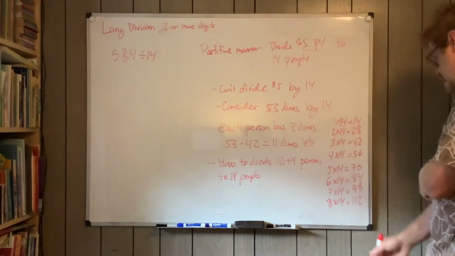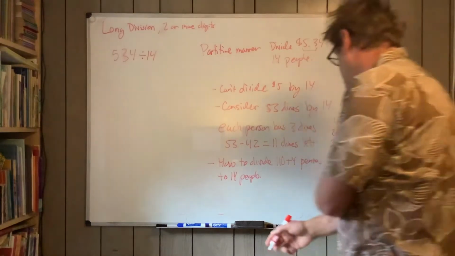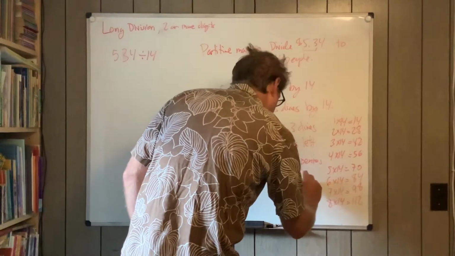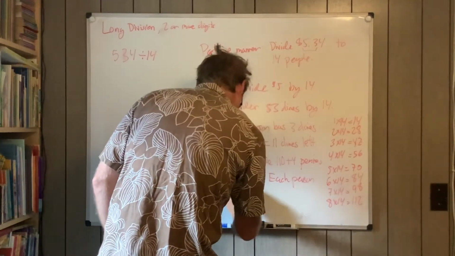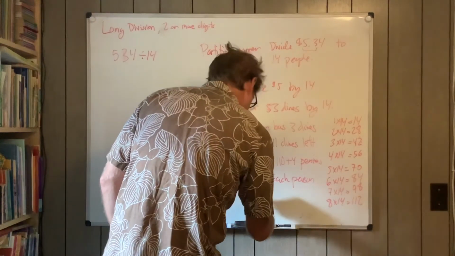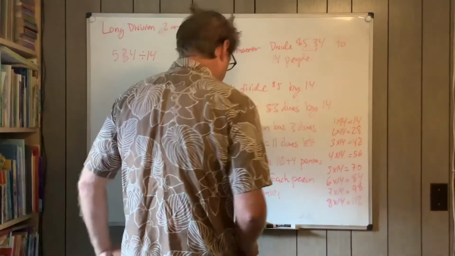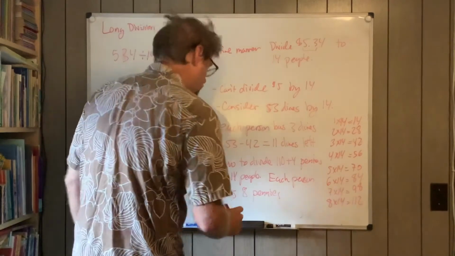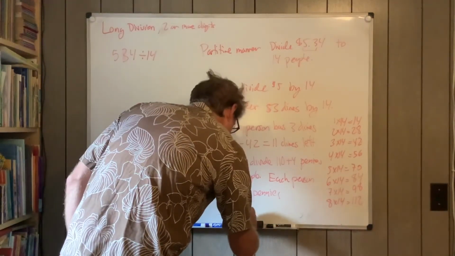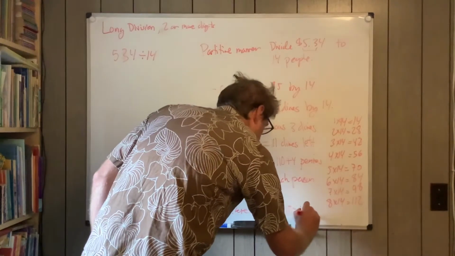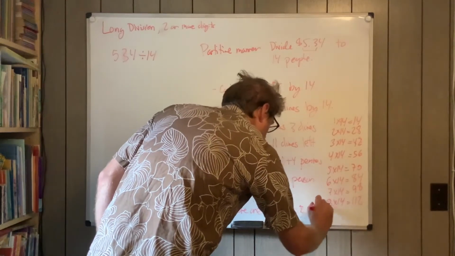So it looks like it's going to be 8. Each person gets 8 pennies. And then 114 minus 112 is 2 left.